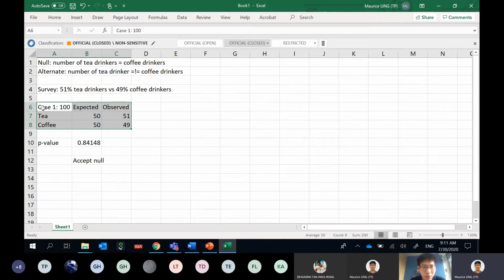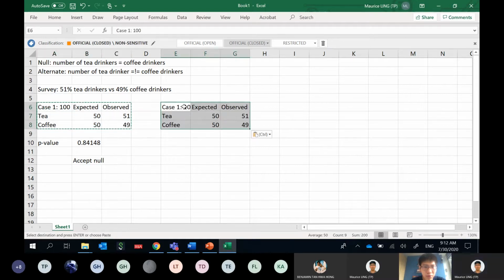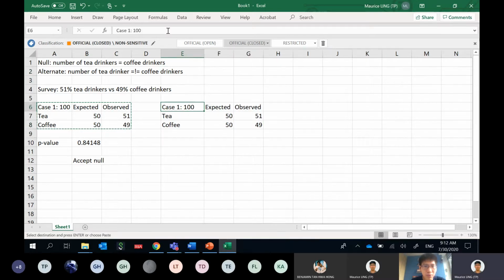So let us do this situation, but let's say you're very energetic and you do a survey of 1,000 people. In that case, your expected is still 500. But what will be the observed now? Instead of 51 it becomes what number, based on these probabilities? 510, right?